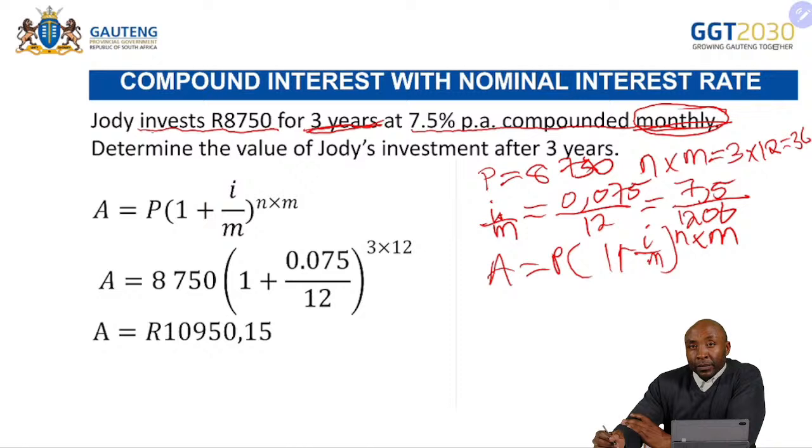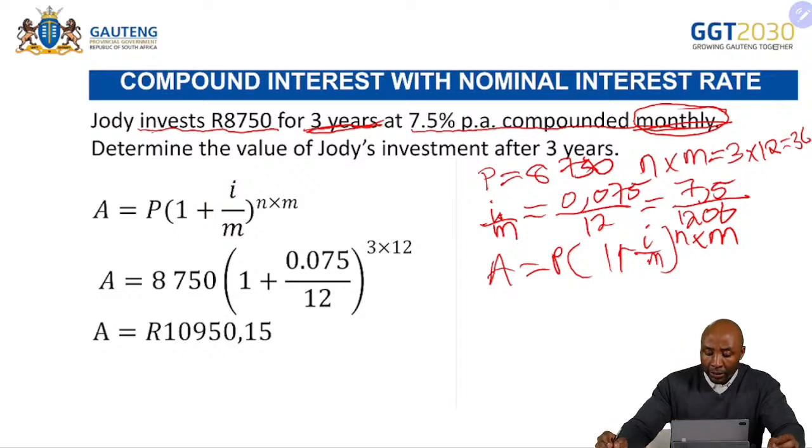Remember now, we said N is the number of periods or the number of times that the interest is going to be awarded. So for this particular question, every month a certain interest percentage is going to be awarded. So that is why you will find out that we are dividing the interest by 12 and multiplying the number of years by 12, because the interest will be awarded 36 times in those 3 years.